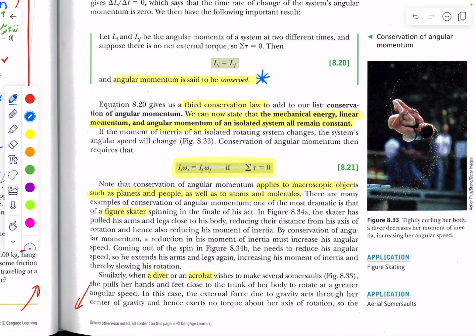And so you can have a diver going into the tuck position, and they begin to spin very, very rapidly. The ice skater pulling his or her arms and legs in close. Another thing you can do is get a football sometime. This is a terrible picture of a football.